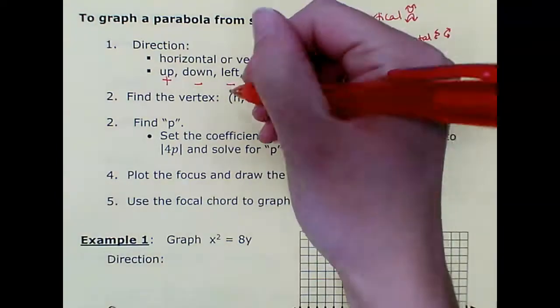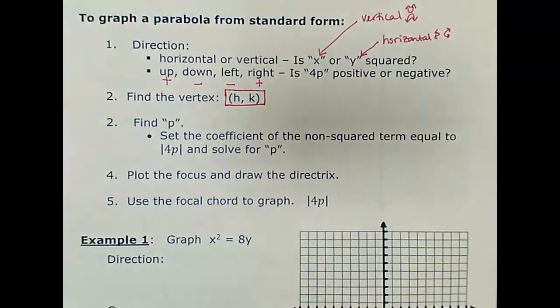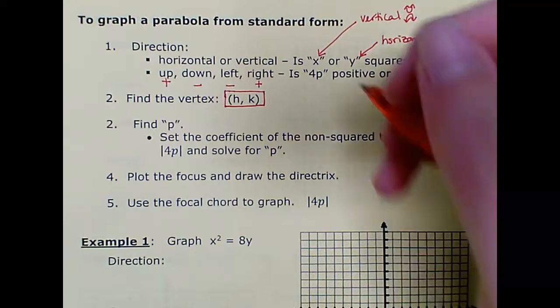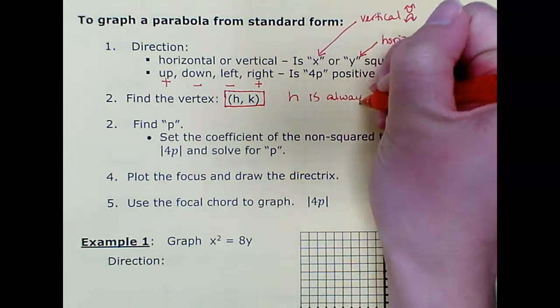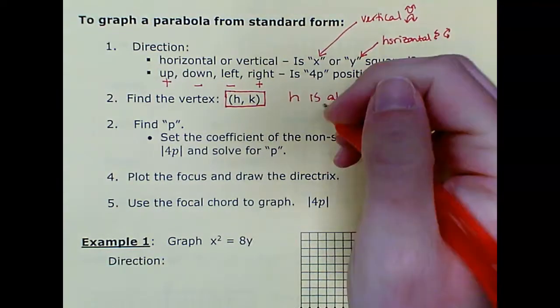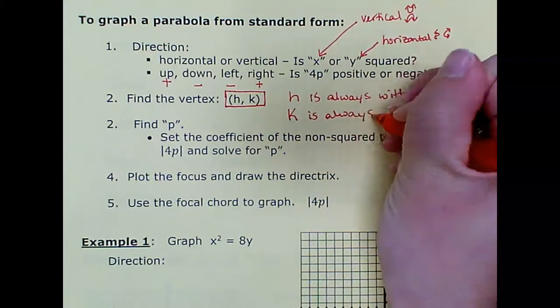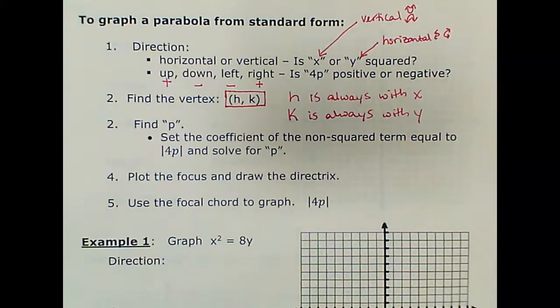You need to find the vertex, h comma k, but you need to be careful because depending on what's being squared, your h and your k fall in different places. The h value is always paired with x in the equation, and the k value is always paired with y. And I'll show you what I mean.